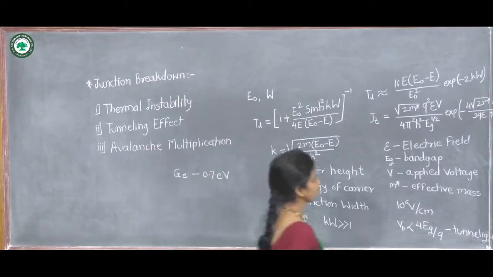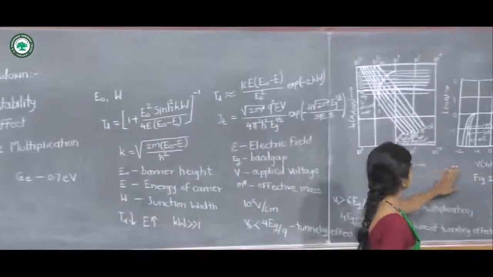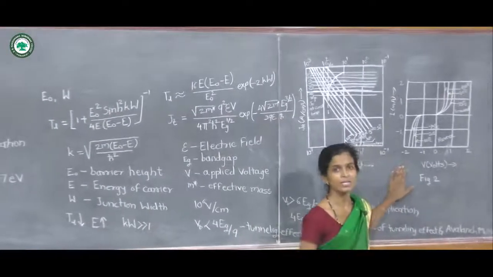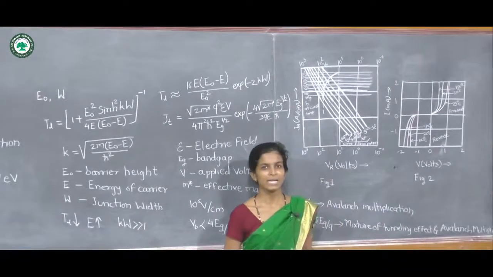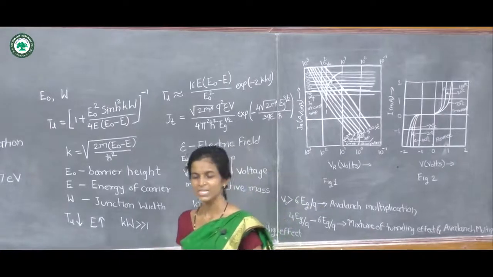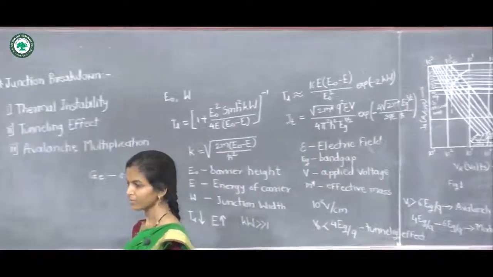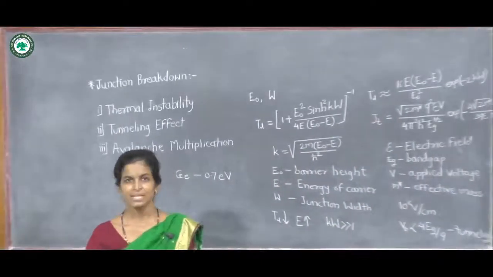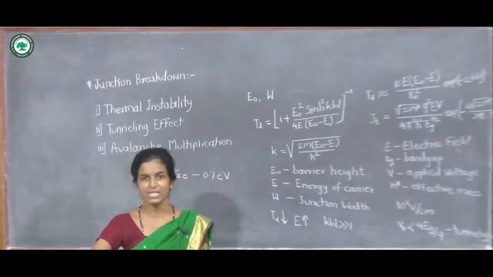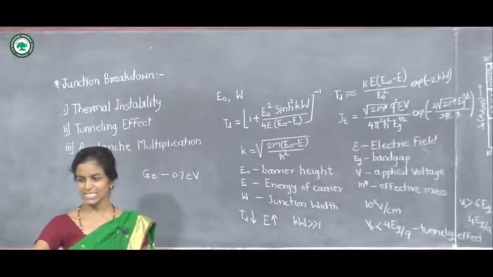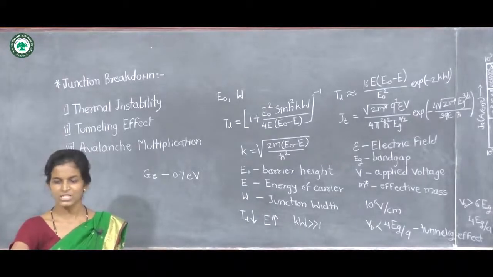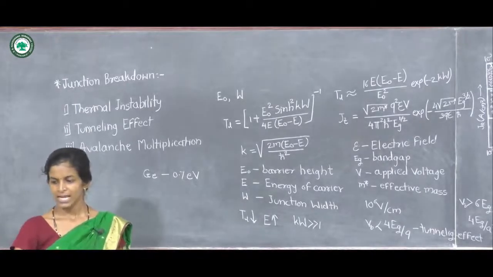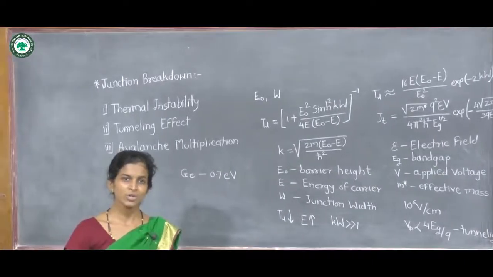This is figure 2, which gives a typical example of the IV characteristic of a PN junction at different temperatures. This temperature effect is generally used to distinguish the tunneling mechanism from the avalanche mechanism, which has a positive temperature coefficient.